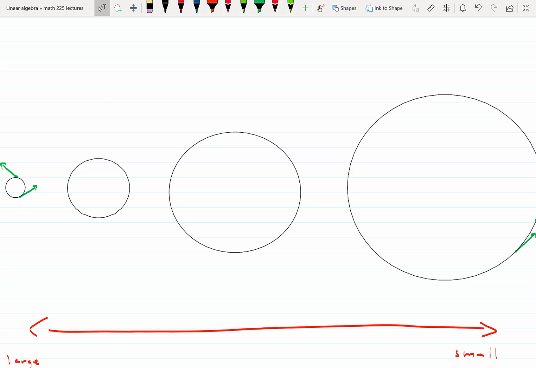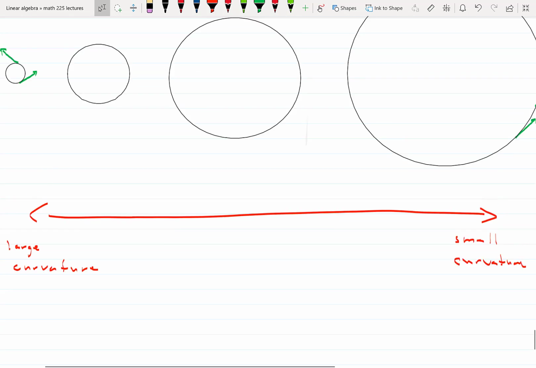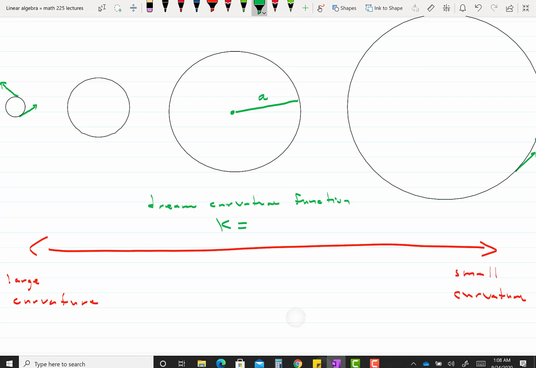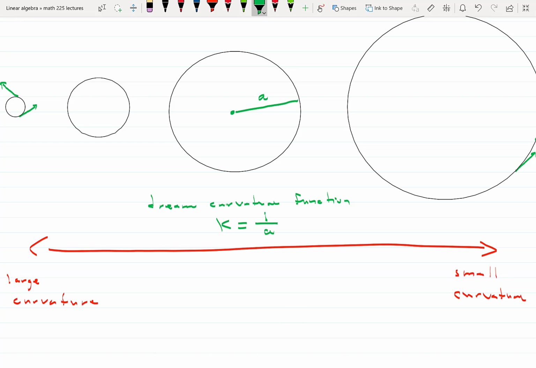If I want curvature to be a function of the radius, and the radius is, say, a, what would be the dream curvature function? If you had to come up with one, curvature would be equal to what? Bigger the radius, smaller the curvature. Smaller the curvature, bigger the radius.